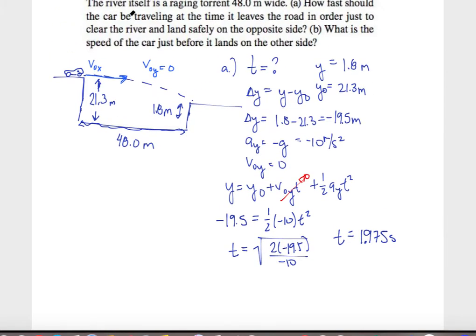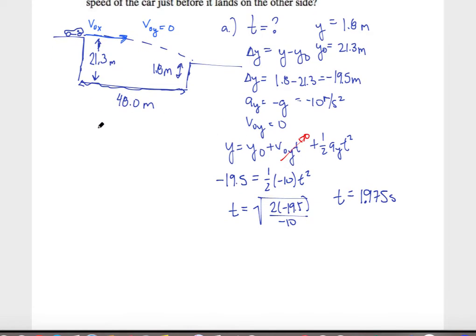So the next part is, how fast should this car be going in order to get across 48 meters in this span of time? Well, I know that the distance in the x direction that I travel must be v naught x times t, as my horizontal velocity will not change at all.